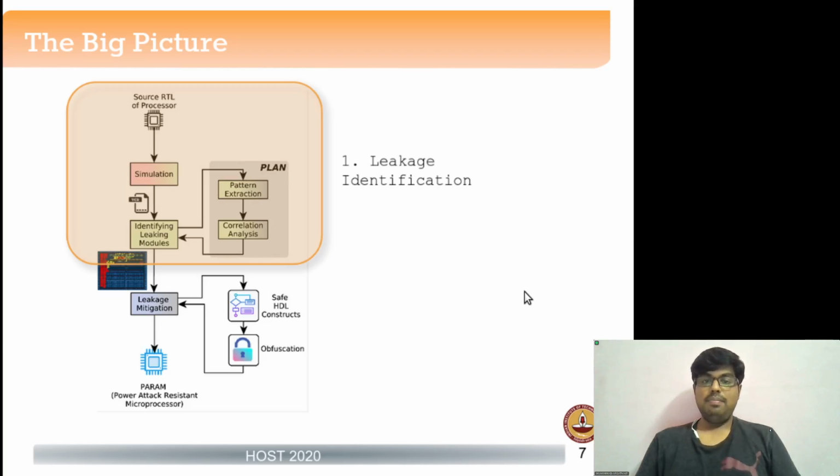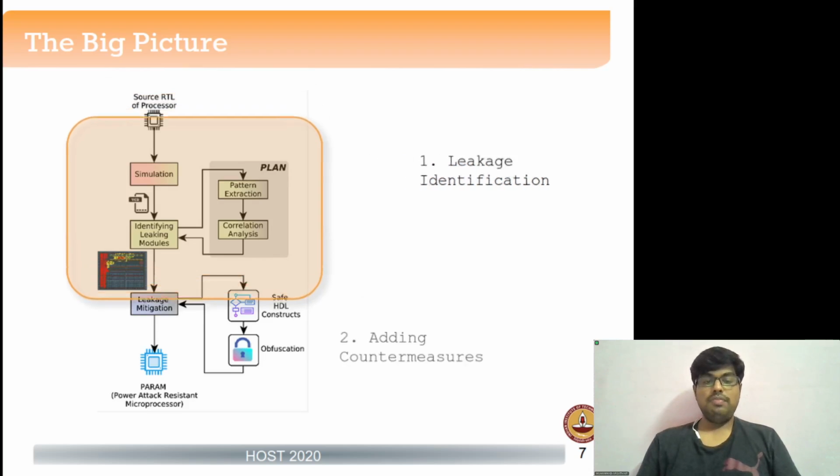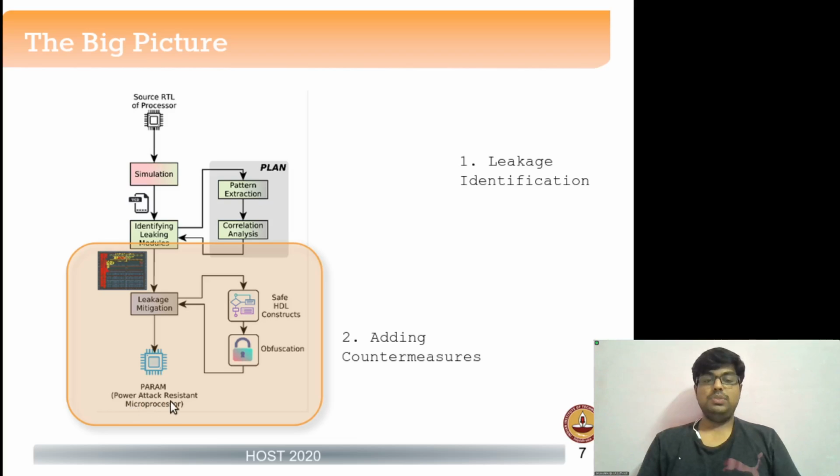At the end of the leakage identification phase, it produces a leakage report, something like this, for a given circuit. A system designer who looks at this leakage report can come up with leakage mitigation based on the nature of the leakage found in the design. The final end product is PARAM, which we call the power attack resistant microprocessor.